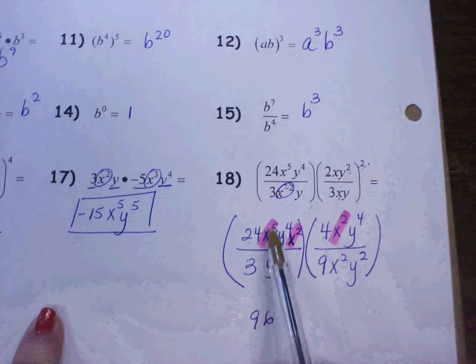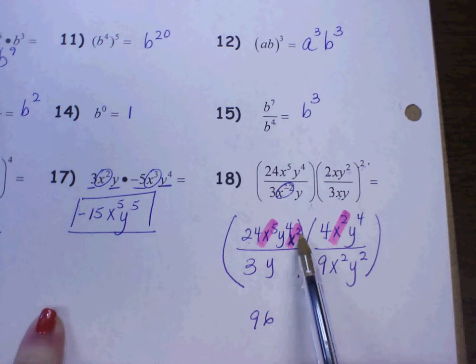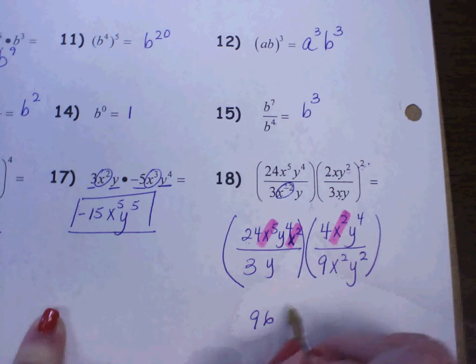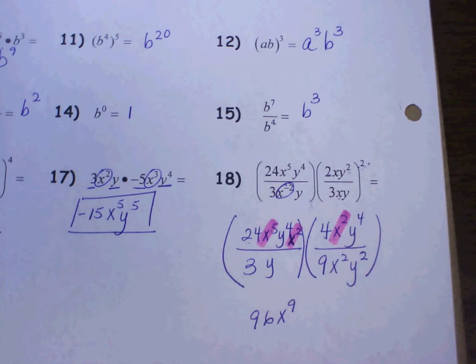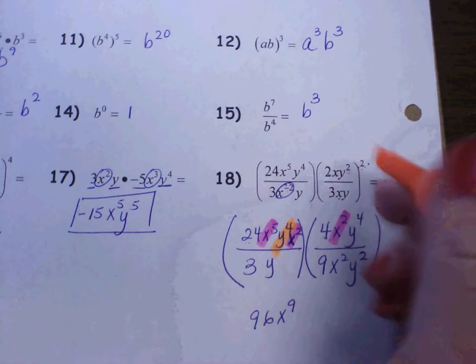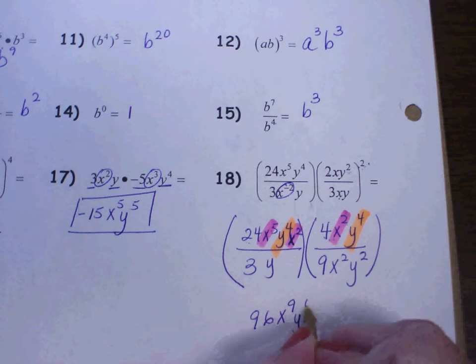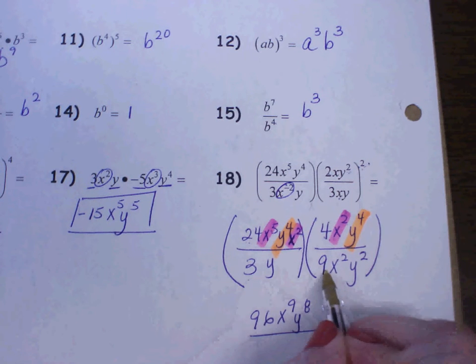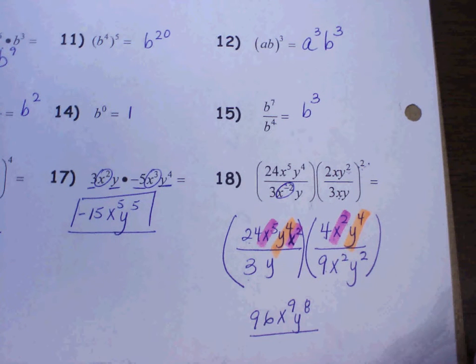All right. 5, 7, and 9. Very good. Y to the what? To the 8. What's 3 times 9? Who's talking in the back of the room?